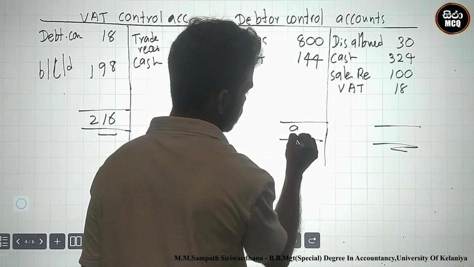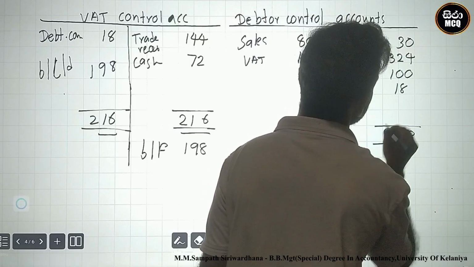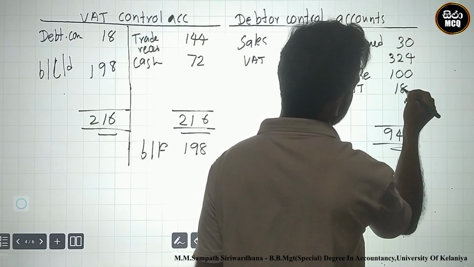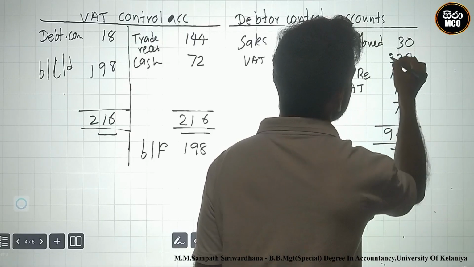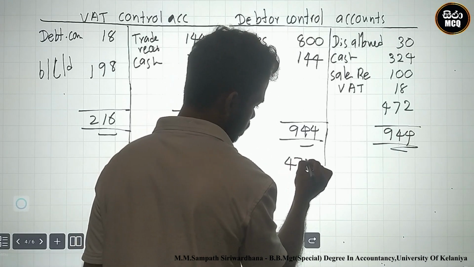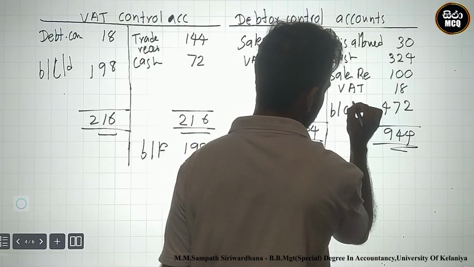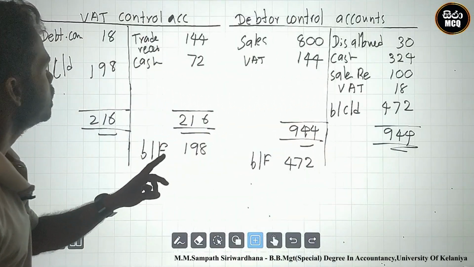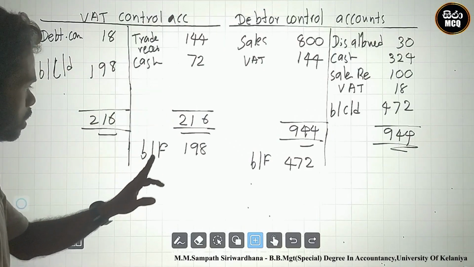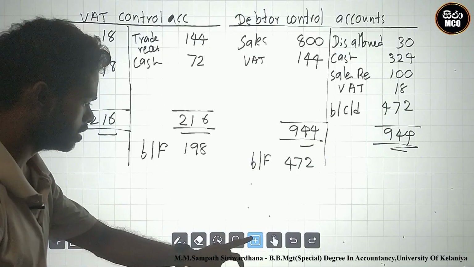This time 944, and 21677, 154, 400, 472, balance brought forward, balance carried down. 198, okay, 8 debit, 198 and 472. What is the answer?